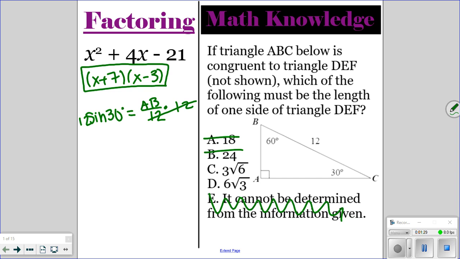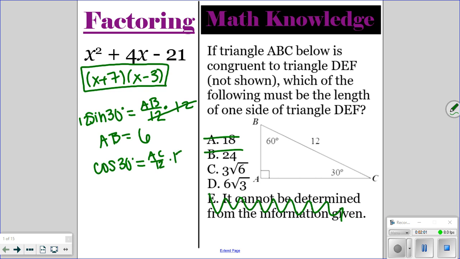And so if you use your calculator, you'll get that AB equals 6. So you're just going to do 12 times sine of 30, and you should get 6. And then we can also do the cosine of 30 degrees, which is going to equal AC over 12.